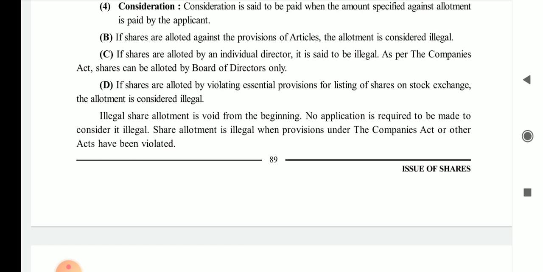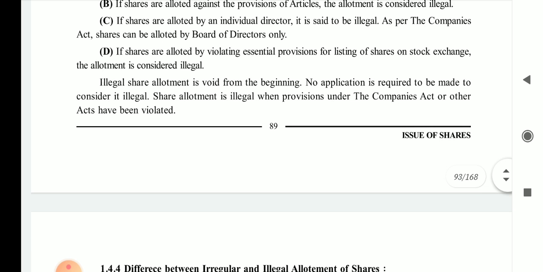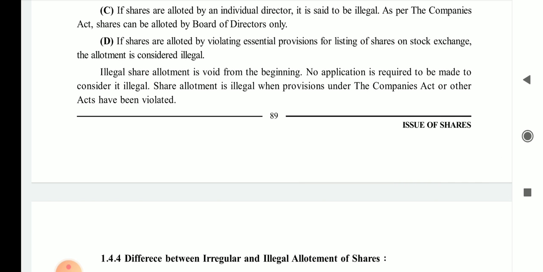If any single rule or regulation is violated, it is considered an illegal share allotment, and it is void from the beginning. Void means null, zero.